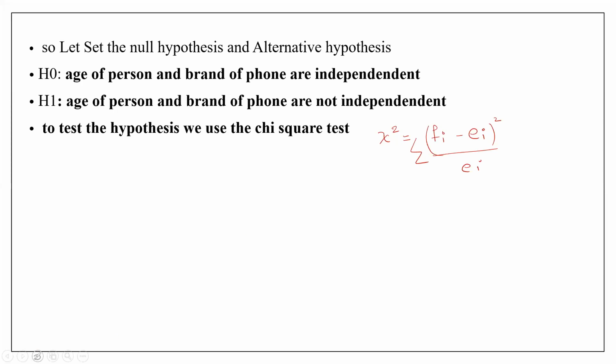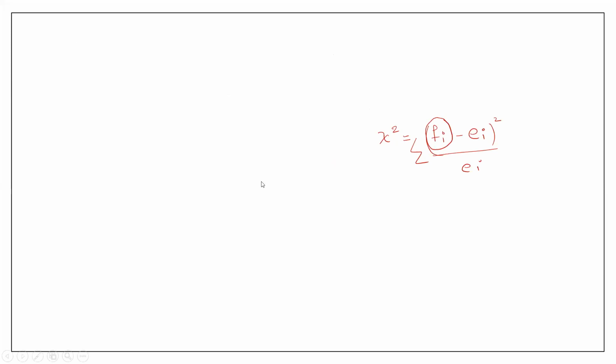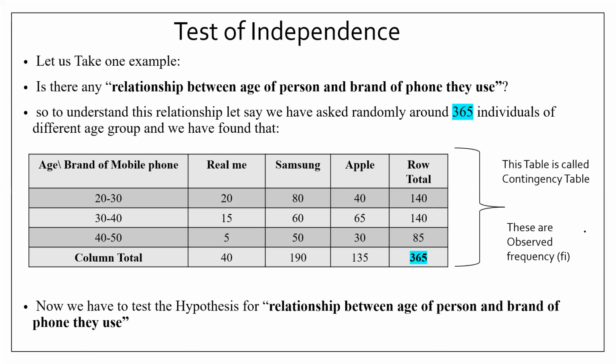Now to find the chi-square value, the observed frequencies we already have from the previous table. These 20, 80, 40 and all those data are observed frequencies.